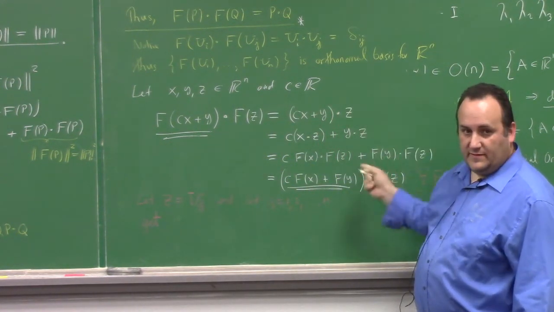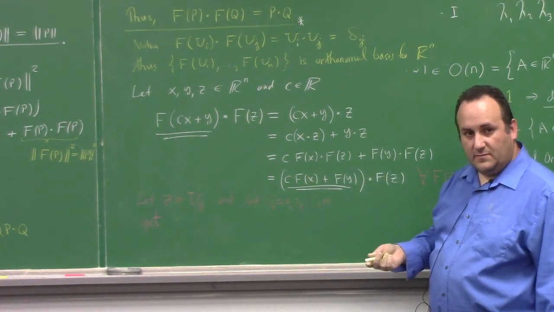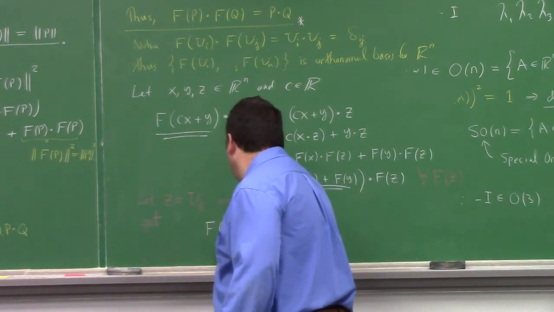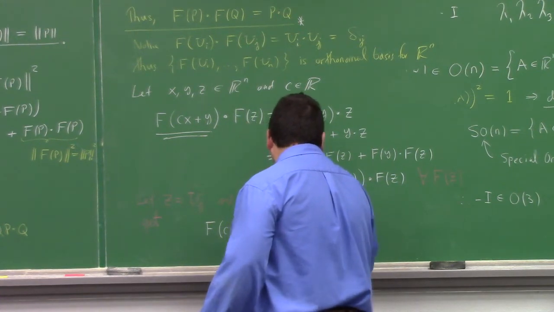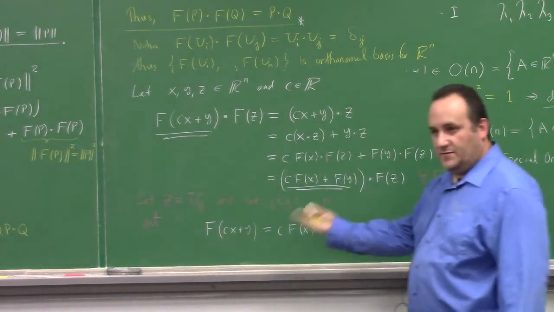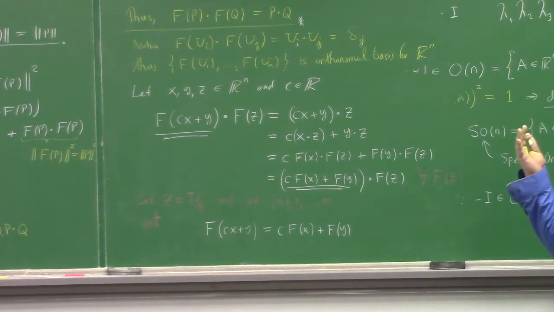But if the components of the vectors match with respect to a basis, it follows that the vectors are equal. These vectors being equal is simply the statement that f of cx plus y is equal to c f of x plus f of y. But that holds for arbitrary x, y, and constant c, which goes to prove to you what? F is a linear map.